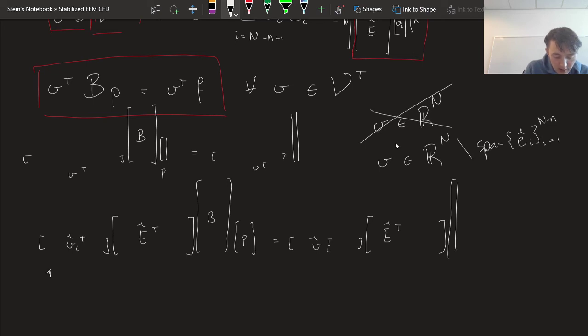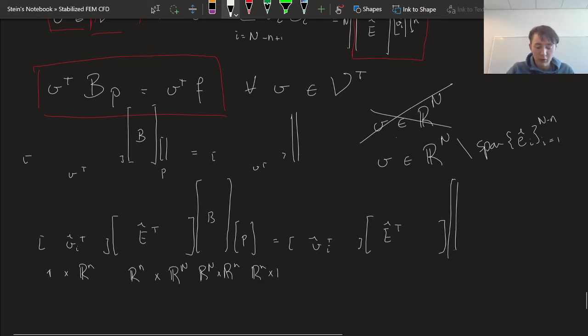I have 1 times small n, then small n times big N, then big N times small n, times 1. We have small n degrees of freedom for our pressure field.